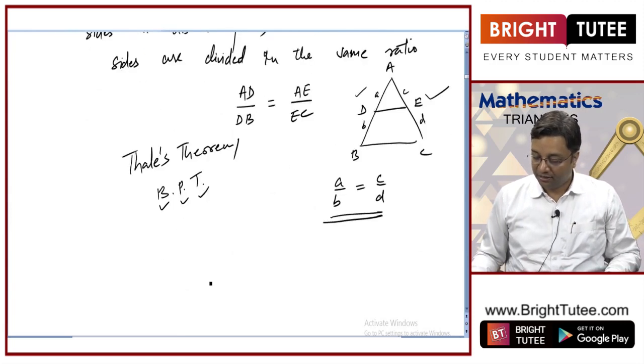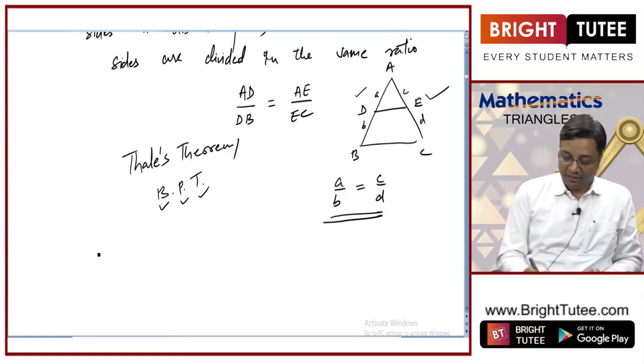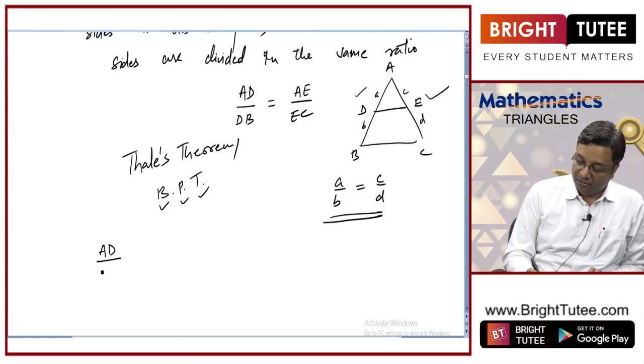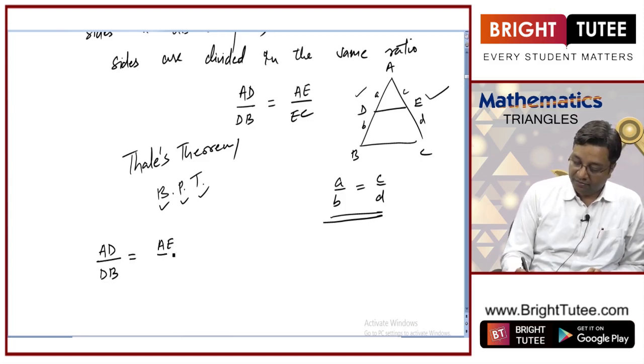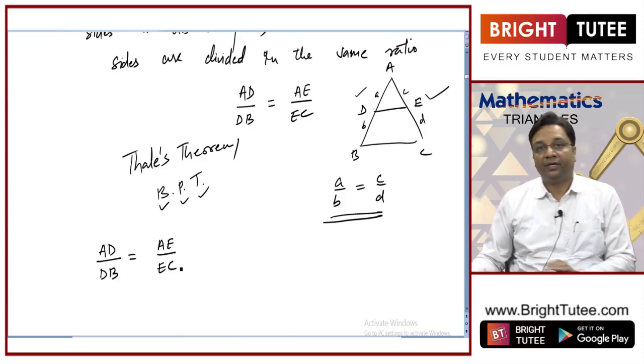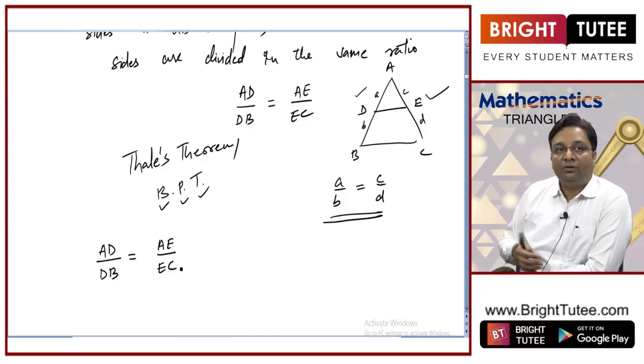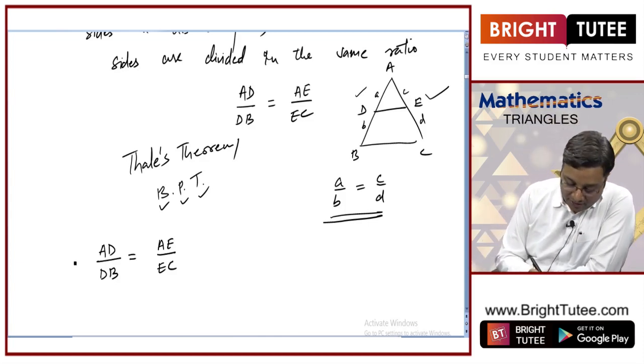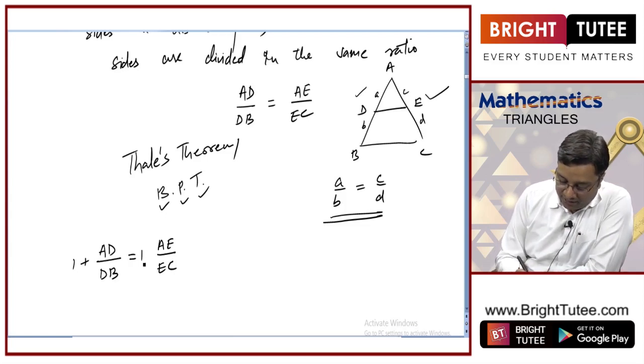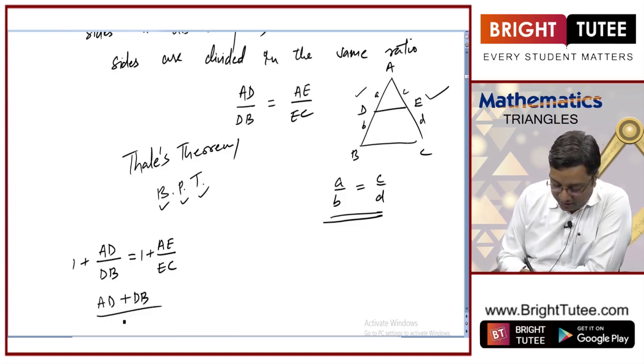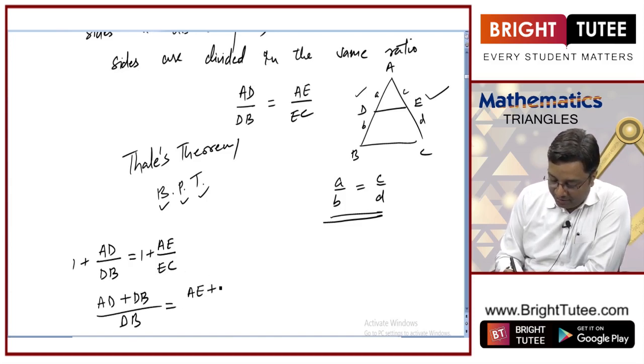Now, what are the results that we can obtain from it? What we have obtained by now is AD by DB is equal to AE by EC, right. Now, I want you to add 1 on both the sides. It will give you AD plus DB in the numerator and DB in the denominator, and AE plus EC divided by EC.